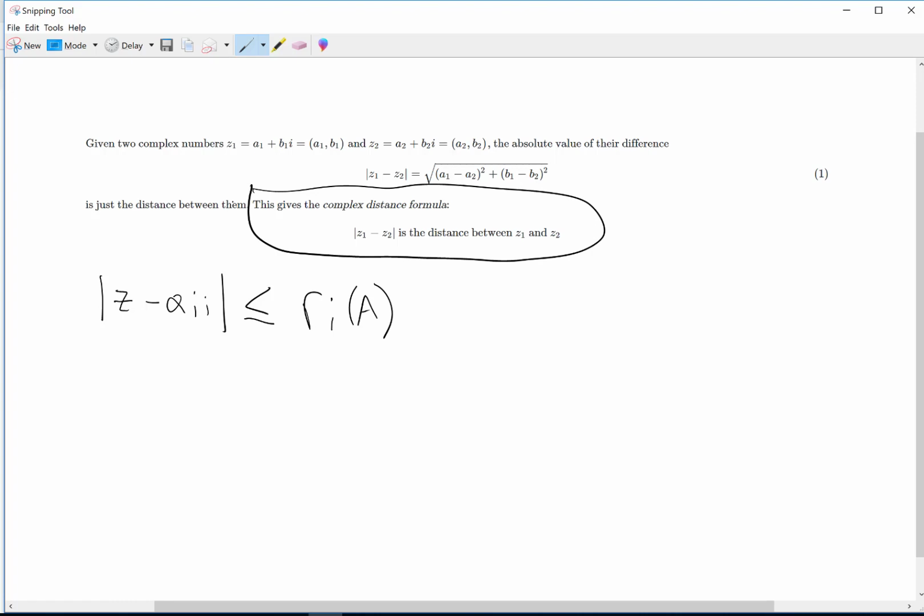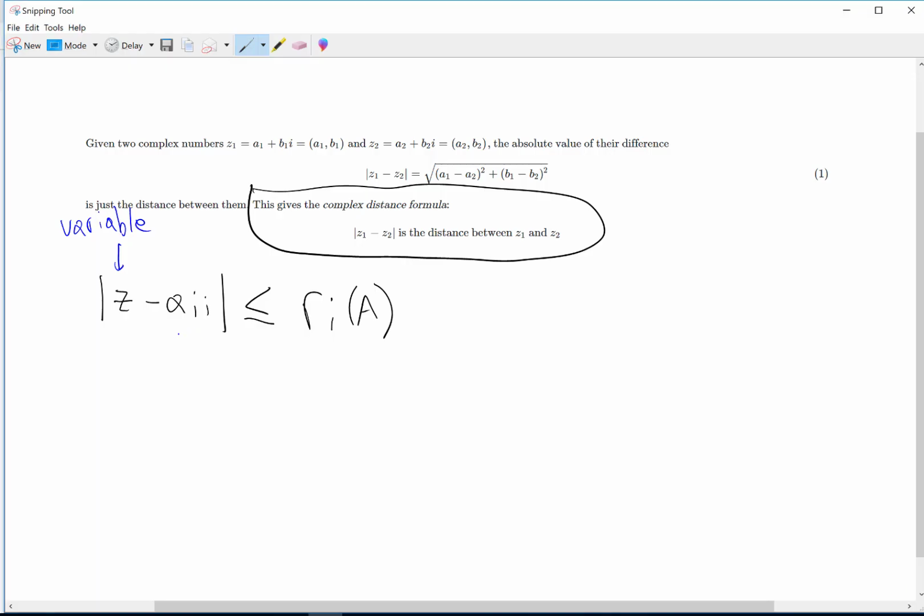If you have 2 complex numbers, the distance between them is z1 minus z2. Now in our equation here, let me just point out that z, that's a variable.